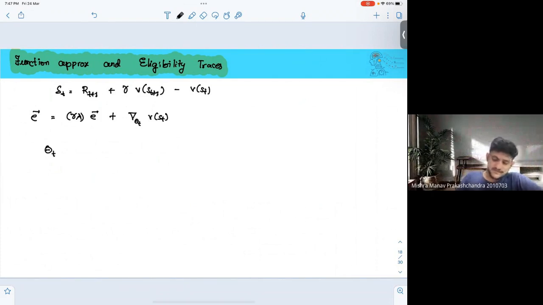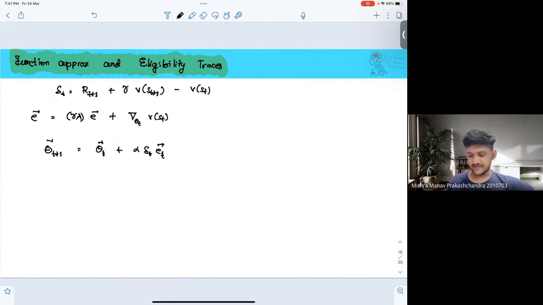My theta t plus 1 is equal to theta of t plus alpha times delta t et vector.